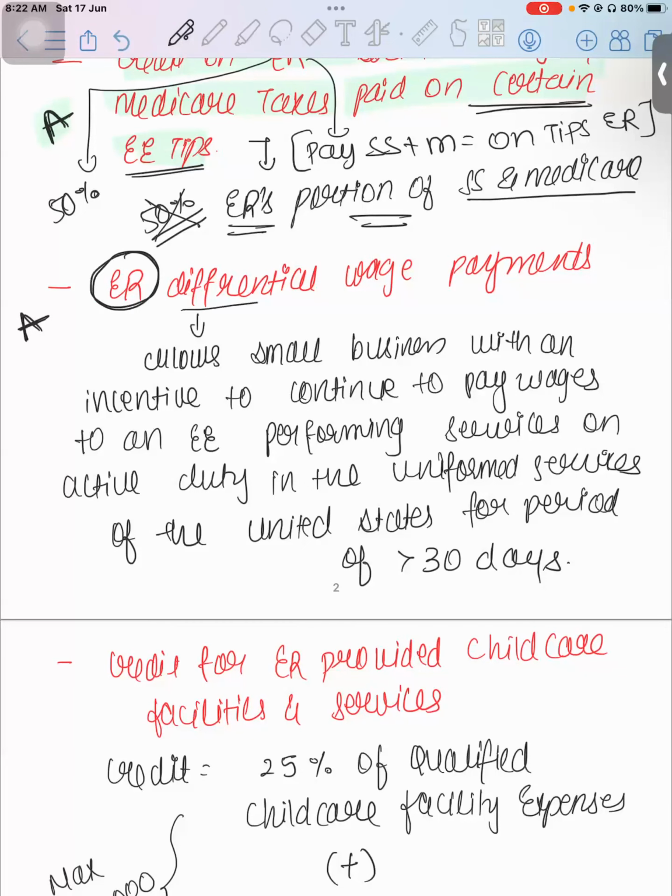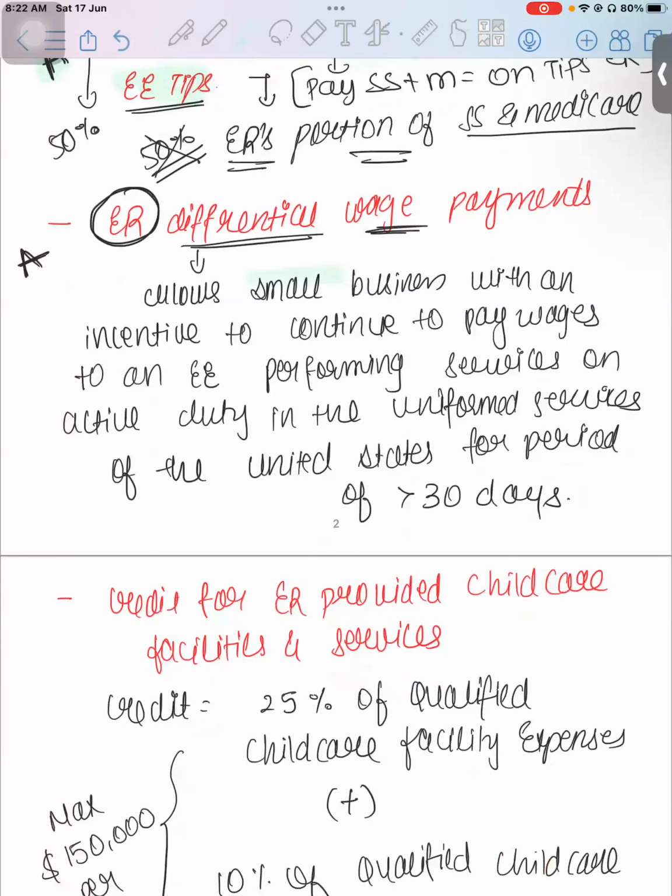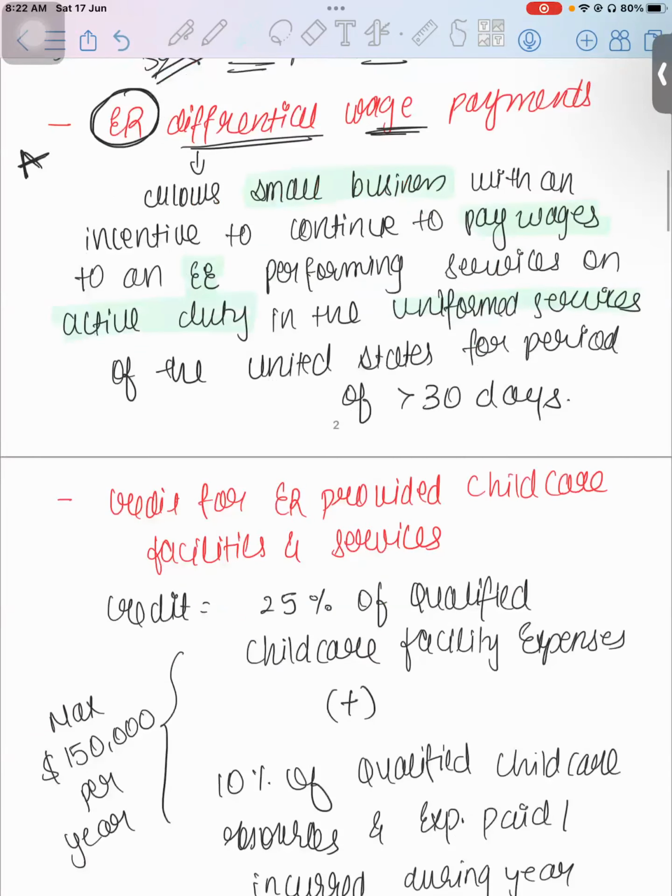So employer differential wages, if paid by a small business with an incentive to continue to pay wages to the employee performing services on active duty in the uniform services of the United States, for a period of more than 30 days, and if they're performing the services from different locations.